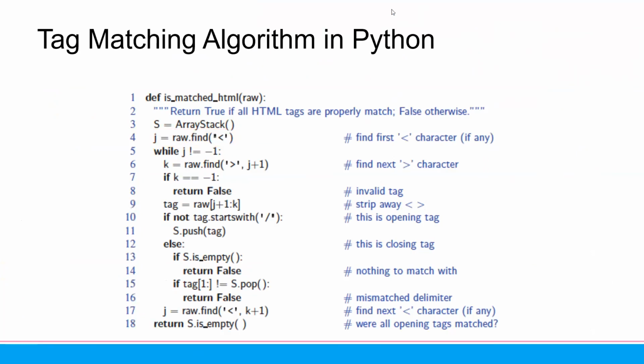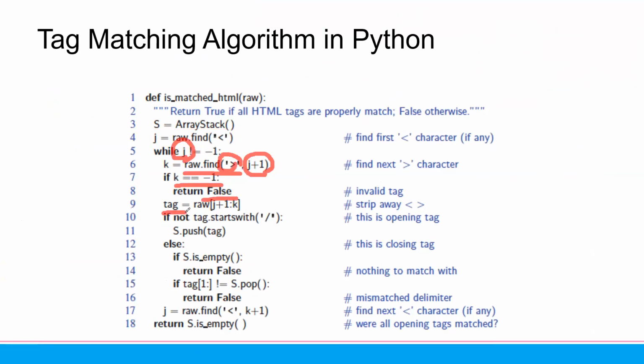First, we want to find this closing. And then, we will do j plus 1, so j will be added by 1. And then, if k is -1, it means we cannot find it, return false.